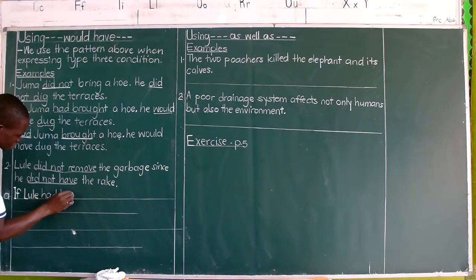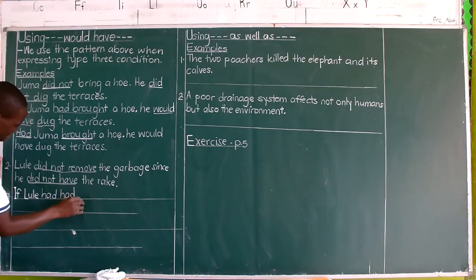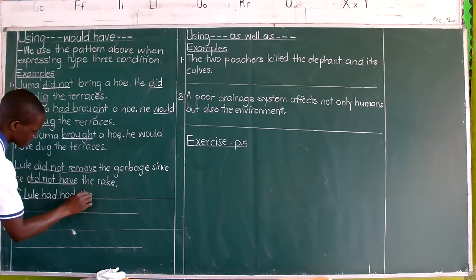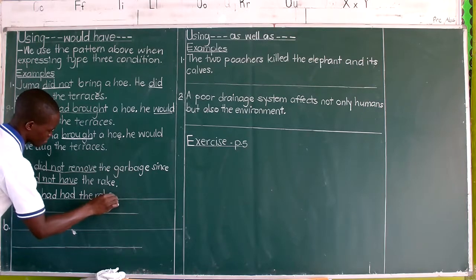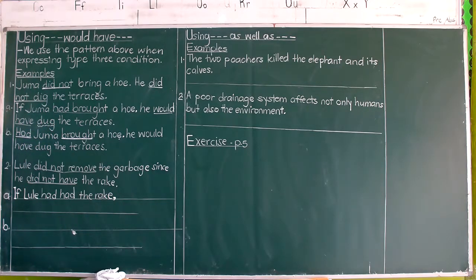another had. Why 2 hads? That shall be explained. If Lule had the rake, comma. When the if clause begins our sentence, we use a comma before we introduce the main clause.